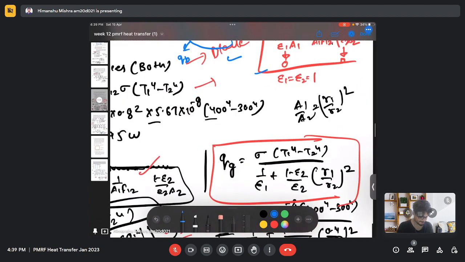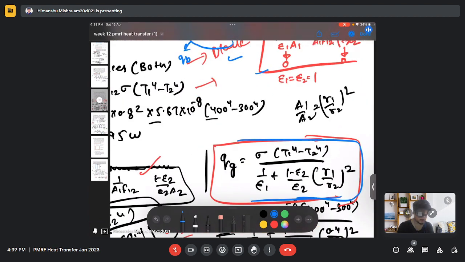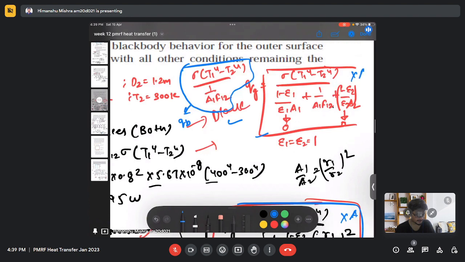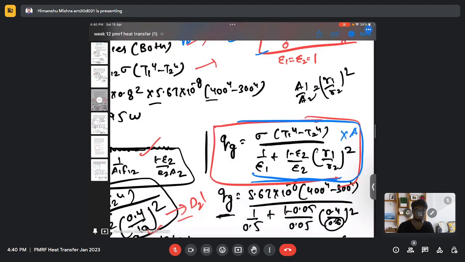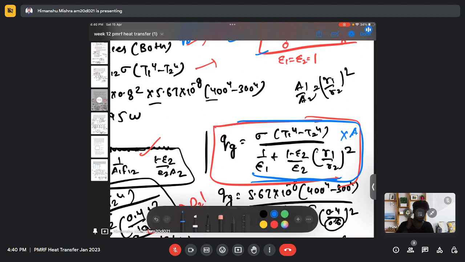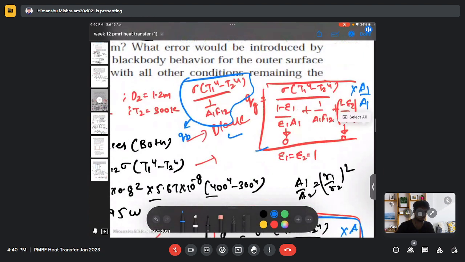Here we just modify our expression for the two parallel spherical case. We multiply and divide it by A1, and by doing that we will get this expression. We already did this with the cylinder.